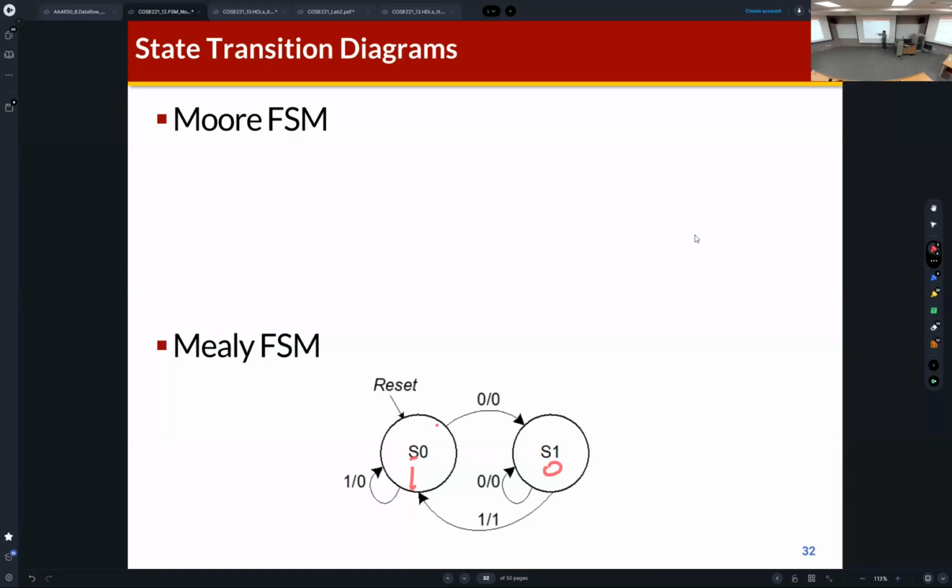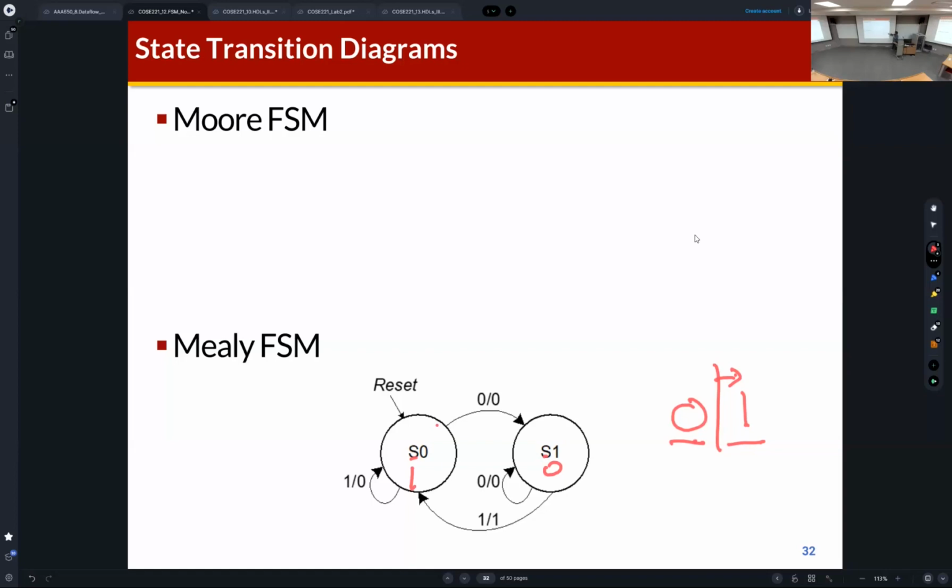If 0 is received by this module, it is changed to S1, which means that we need to detect the 0 and 1. If 0 is detected, then based on the next input, the output can be 0 or 1. This is the previous event, so the state can be changed.